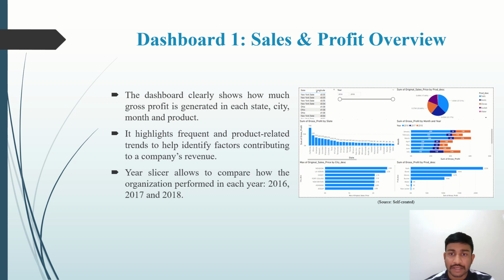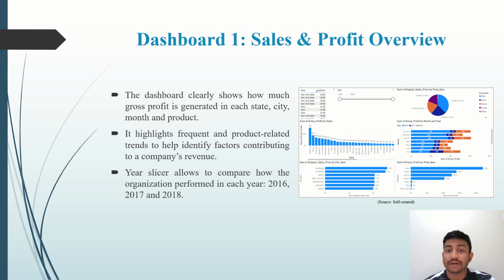Today I will talk about the sales and profit overview. As you can see in this chart, there are different charts: pie chart, bar chart, and round chart. The dashboard clearly shows how much gross profit and generation there is for each state, city, month, and product. It highlights frequent and product related trends, identifying factors contributing to the company's results.